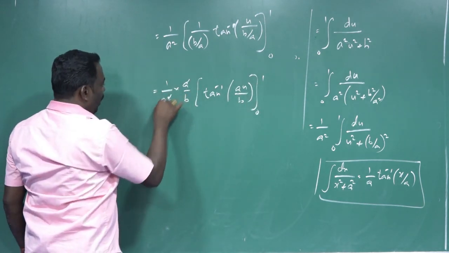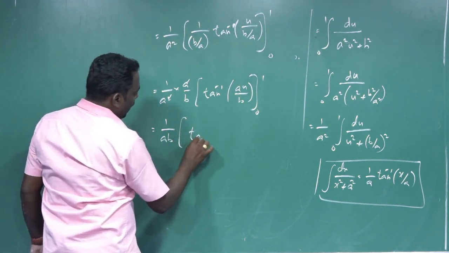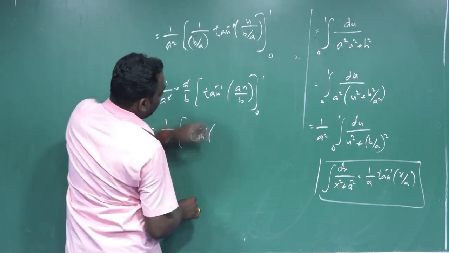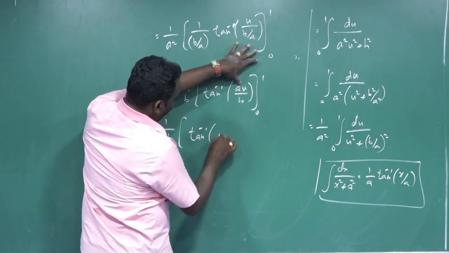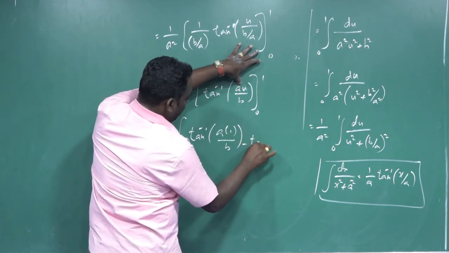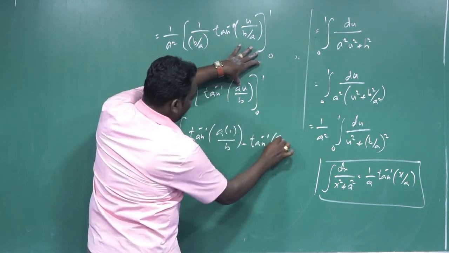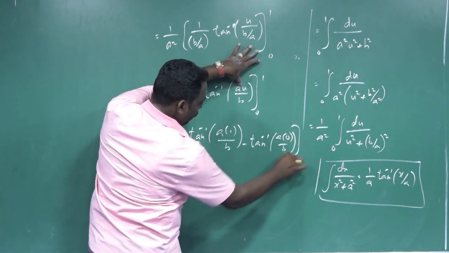Now one a will cancel, leaving 1 by ab. Within the bracket, tan inverse of, upper limit: put u value equal to 1. Therefore a into 1 by b, minus tan inverse of the lower limit, 0 by b.